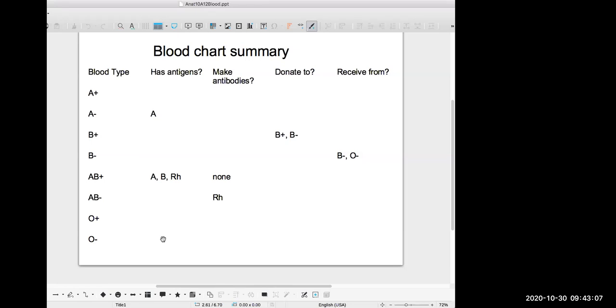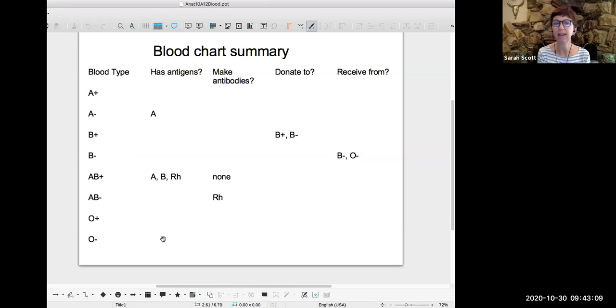And that is a great thing because it means that that blood put into anybody at all will not cause the immune system to react. So if you are blood type O negative and you have ever donated blood, you are receiving an awful lot of reminders from the blood donation people to come and give blood.